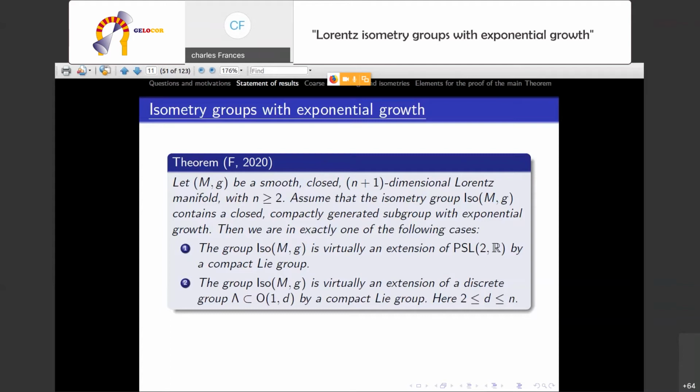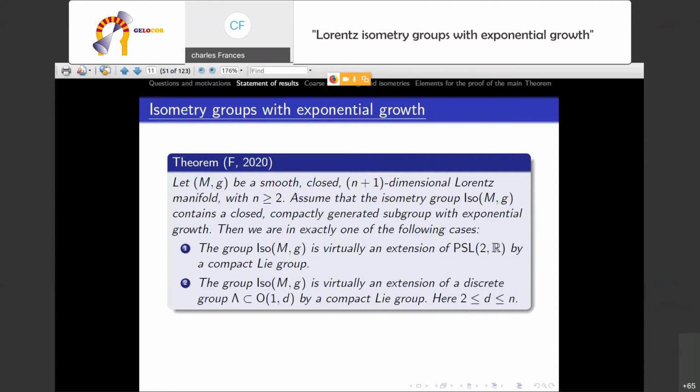So both groups have exponential growth, but they are not isomorphic to a Kleinian group. It's interesting to notice that both groups can be embedded in O1D, but never in a discrete way. Okay, so those are not Kleinian groups, and you deduce from that and the theorem that they cannot appear as a discrete subgroup of the isometry group, and in particular, the isometry group cannot coincide with one of those groups.